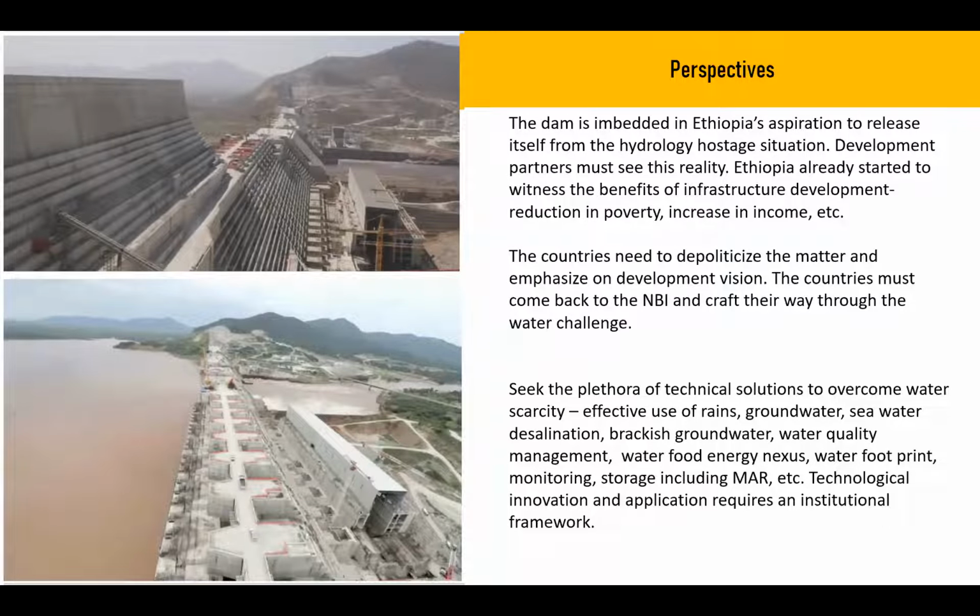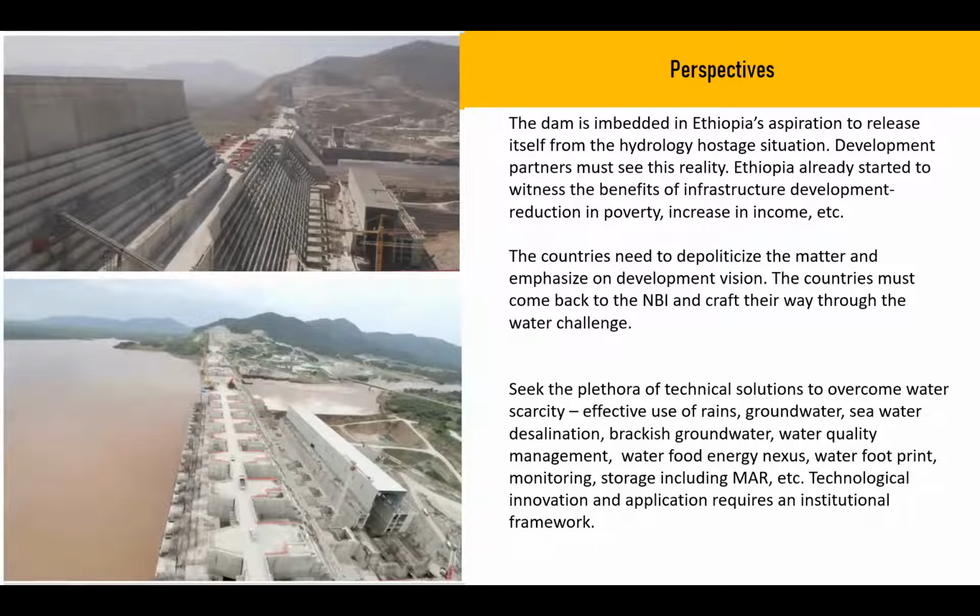The countries involved in the Nile Basin region need to depoliticize the matter and emphasize development vision. The countries must come back to the NBI and craft their way through the water challenge they face. There are a lot of options to seek, an abundance of technical solutions to overcome water scarcity: effective use of rains, use of groundwater, seawater desalination, brackish water use, water quality management, water-food-energy nexus, water footprint, monitoring, storage including managed aquifer recharge.